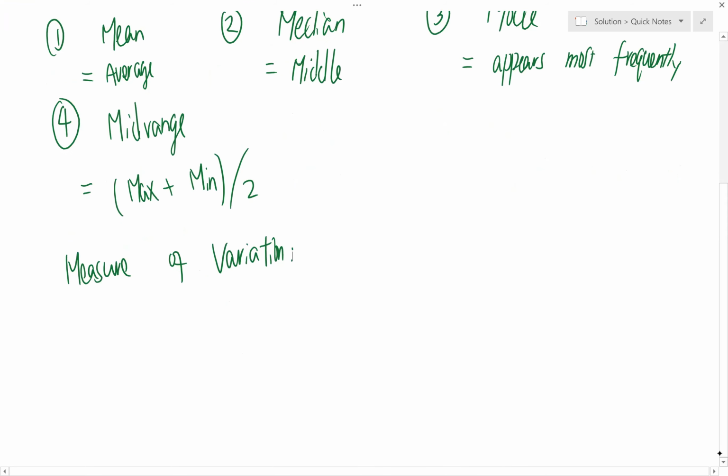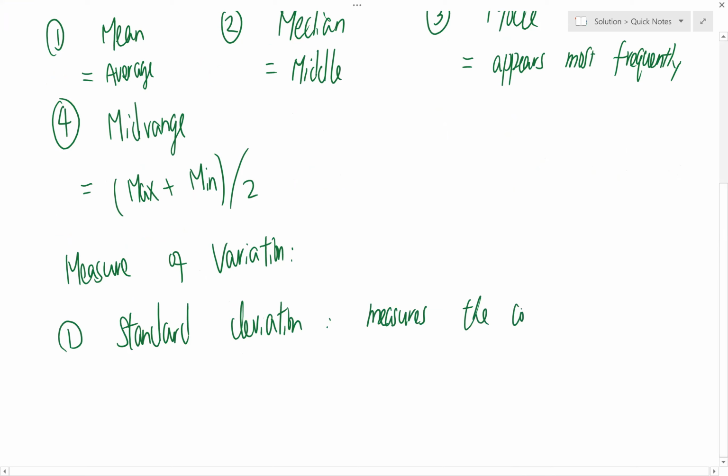Most important thing is standard deviation. Basically, standard deviation measures consistency among all the data values.